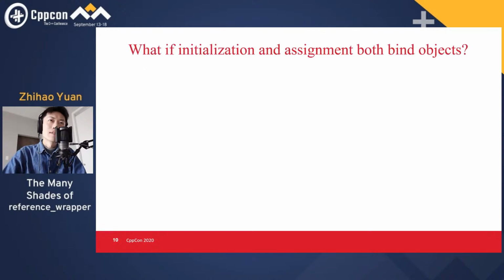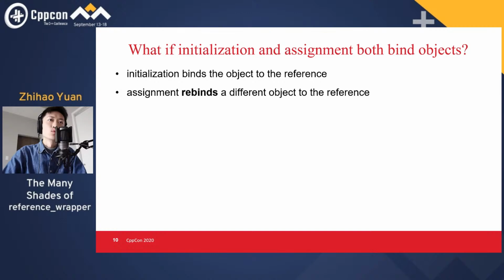What if we have initialization and assignment both binding object? So initialization binds the object to the reference, and assignment rebinds a different object to the reference. Just like Python or Java, without garbage collection, of course.